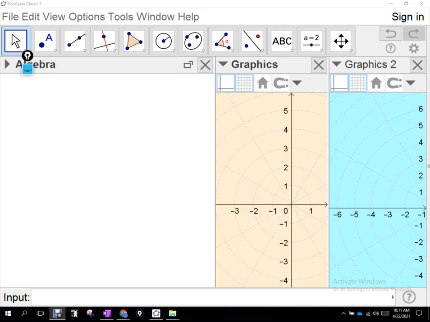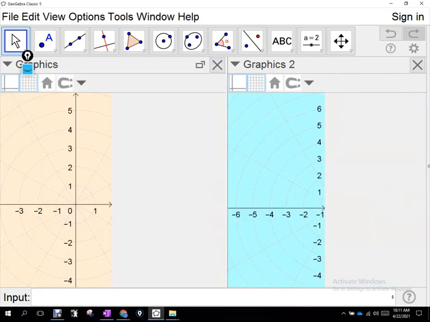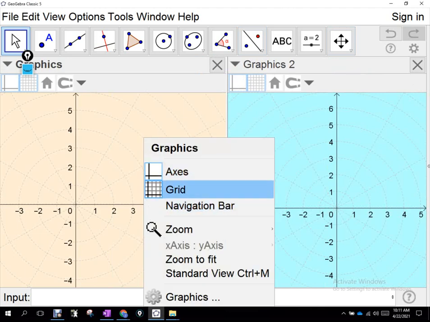Let's talk about polar coordinates. Let's go off of a topic that we are familiar with.